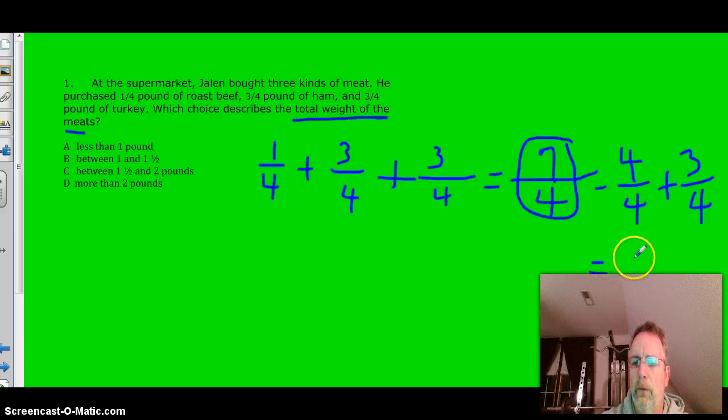So therefore, 4/4 is 1 whole, and then 3/4 remaining there. So again, I would look. I know that 1 and 3/4 is more than 1 and 1/2. So the best choice for this amount would be between 1 and 1/2 and 2 pounds.